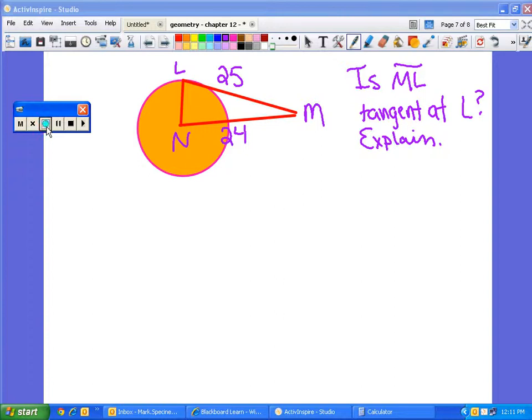What we want to know now is, what we did before was we calculated the radius by using the Pythagorean theorem, but we were told that we could use the Pythagorean theorem because we were told it was a right angle. So if you went back to that last problem, you would see we had the right angle symbol. The right angle symbol is missing.